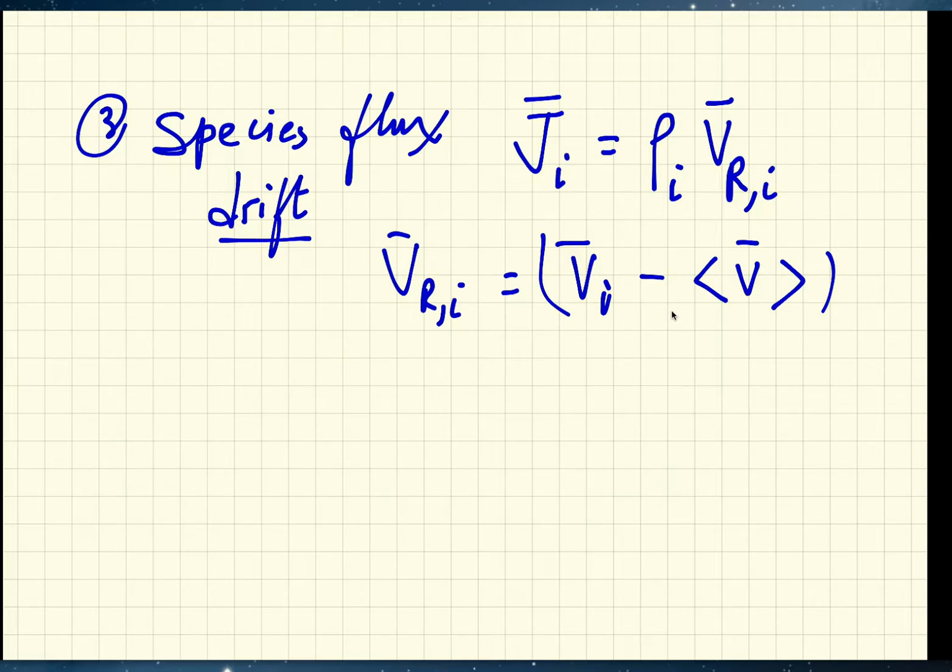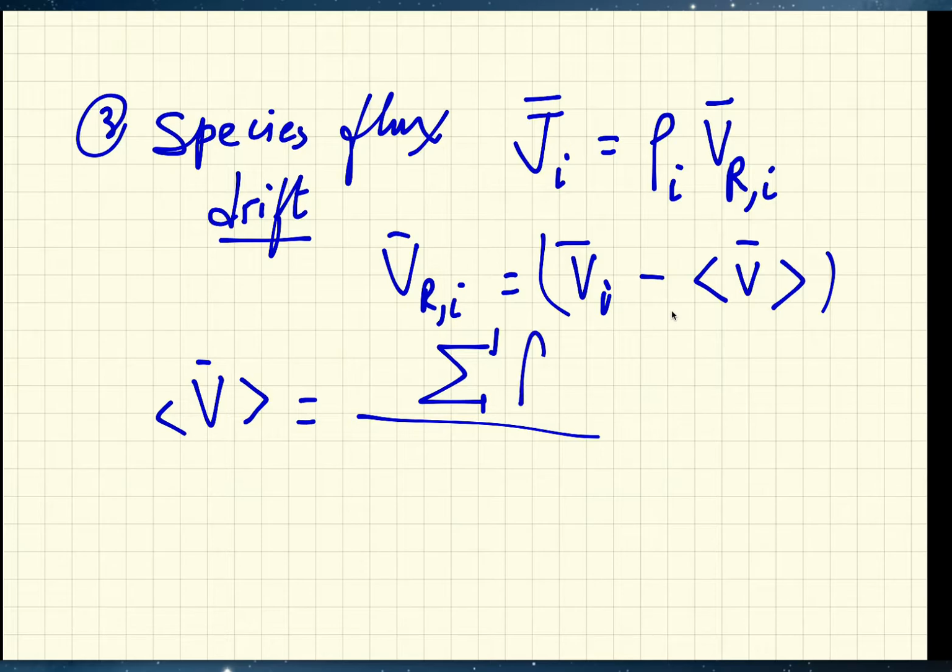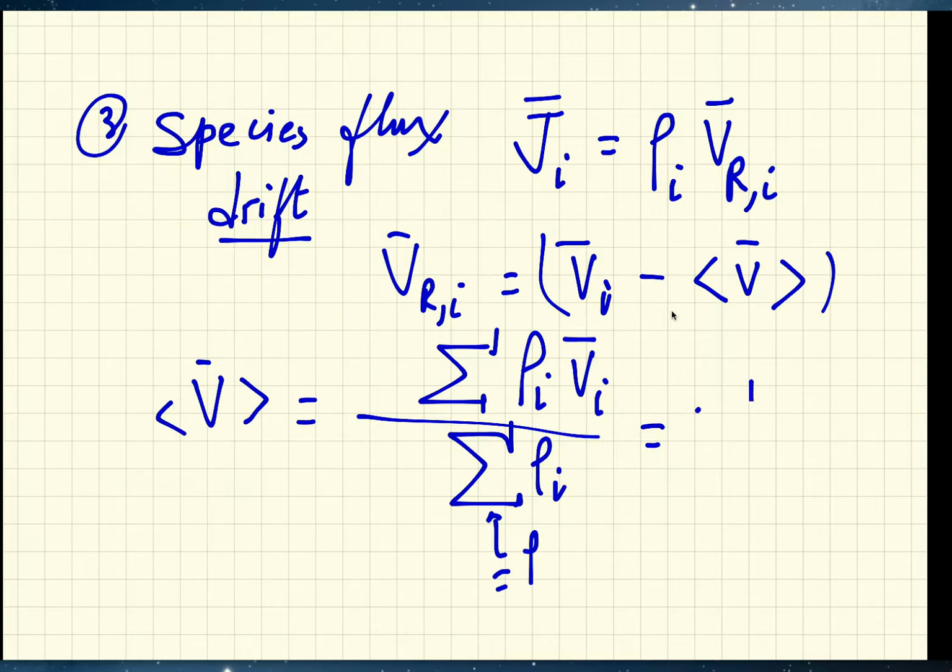And therefore, if we define the average velocity of the mix as the weighted sum of the velocities, the sum of rho sub I v sub I bar divided by the sum of rho sub I, then since the sum of rho sub I is equal to rho, and rho sub I over rho is m sub I, it would be basically the sum of m sub I v sub I bar, and that is an expression for the average velocity.